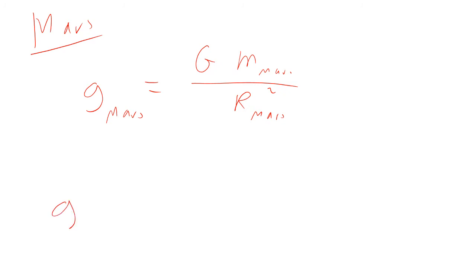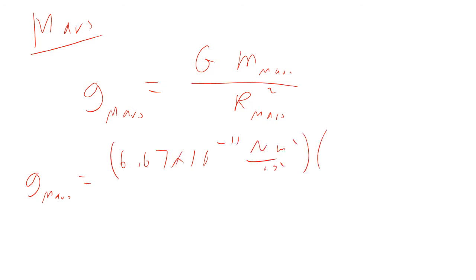For any object, the local g is equal to G times the mass of the object divided by its radius squared. You could do this for an asteroid, for the moon, for anything. So on Mars, if we plug in the numbers, we get 6.67 times 10 to the minus 11 newton meters squared per kilogram squared, times the mass of Mars, 6.42 times 10 to the 23rd kilograms.